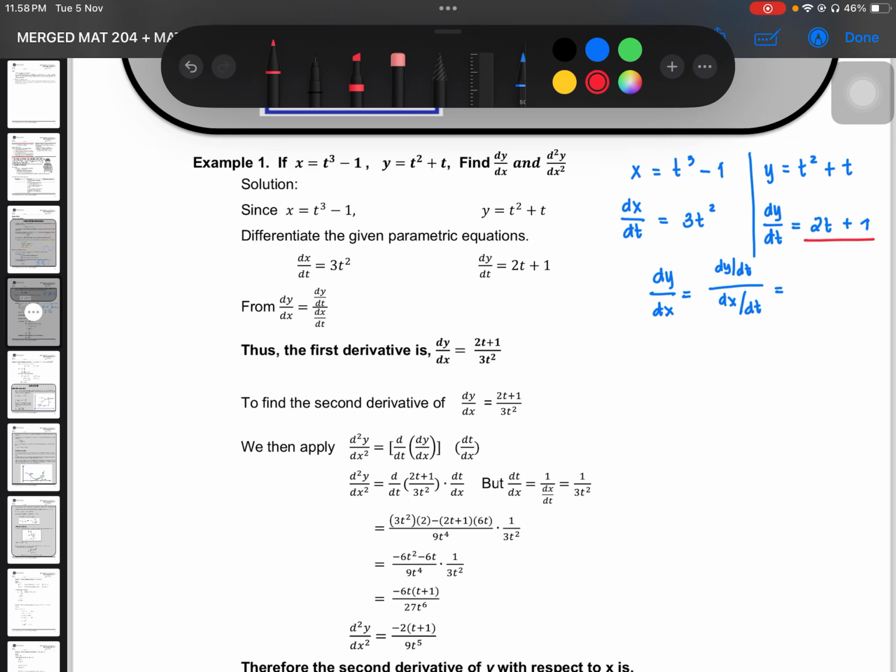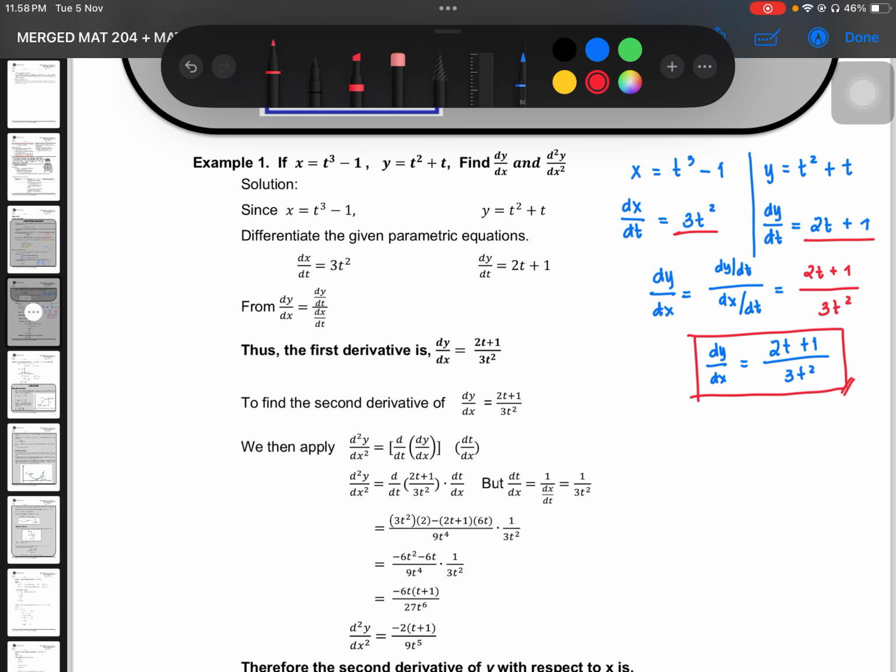So, we have 2t plus 1, all over, ano dx over dt natin? It is 3t squared. So, ibig sabihin, we can now say that dy over dx is equal to 2t plus 1 over 3t squared. And that will be your final answer.